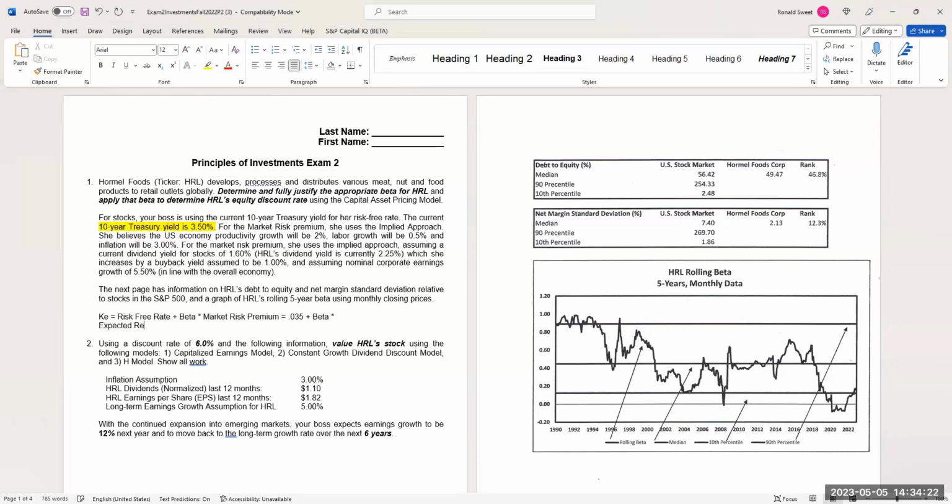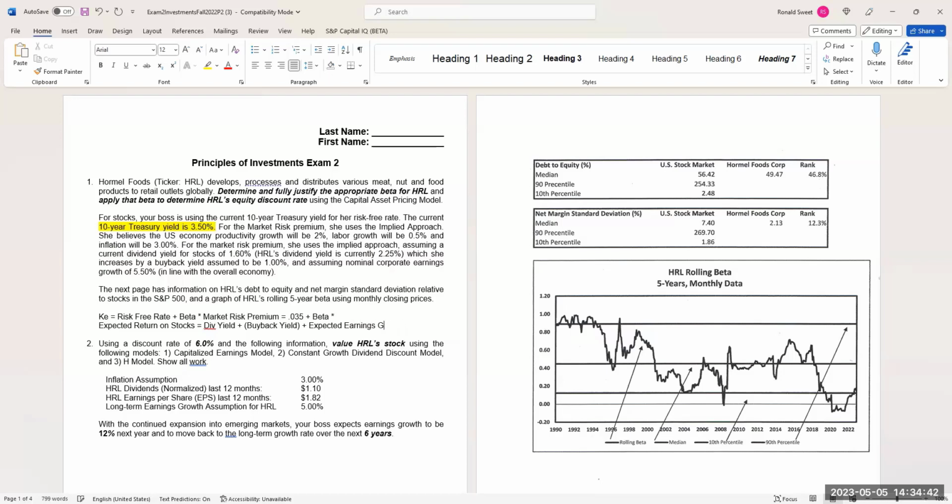So we need to get expected return on stocks, which we know is going to be the dividend yield plus maybe buyback yield. We'll see if he uses that or not. Plus expected earnings growth.